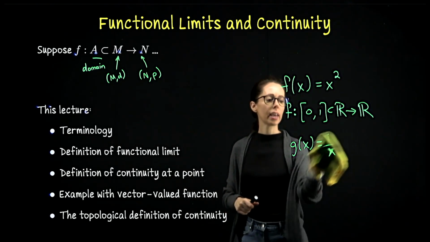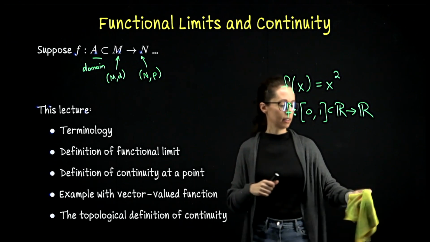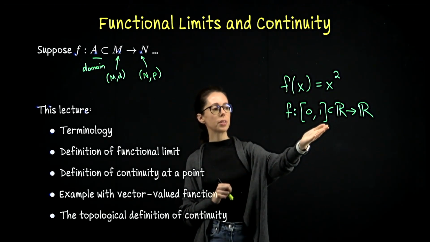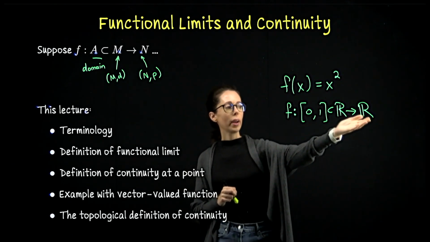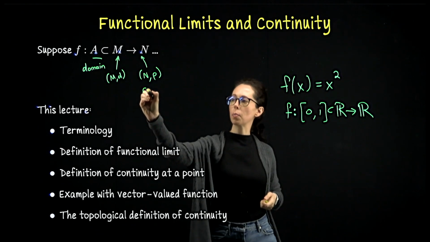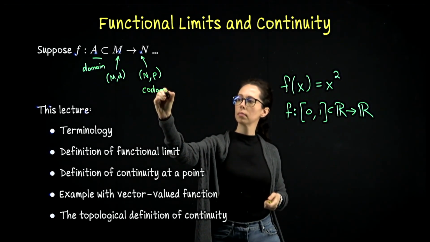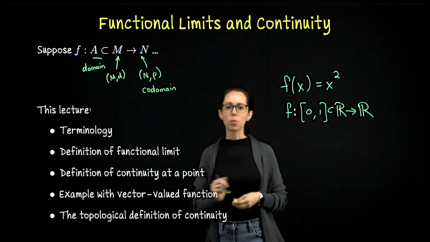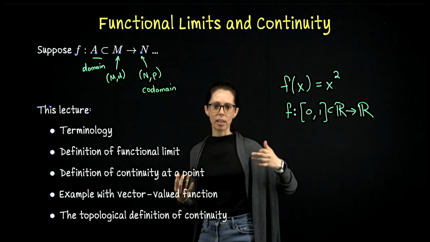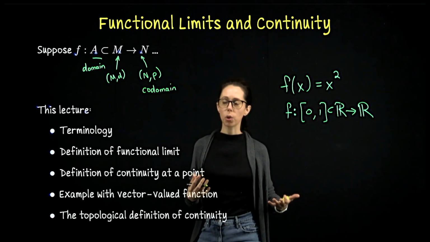Now, looking at this example that I've written down here, the domain is from 0 to 1. Where we're mapping to is called the codomain. And when we say codomain, we're not trying to suggest that the function lands on every value in the codomain.